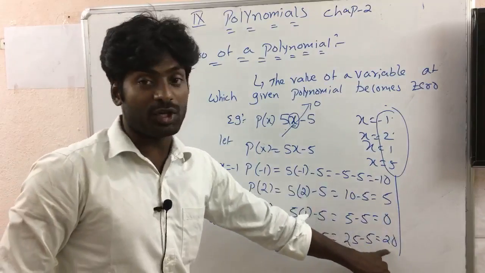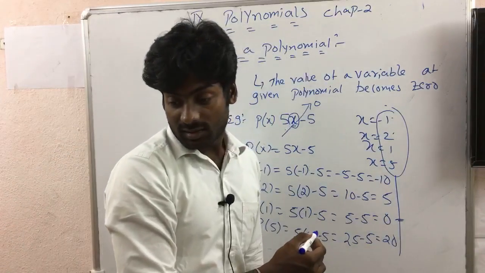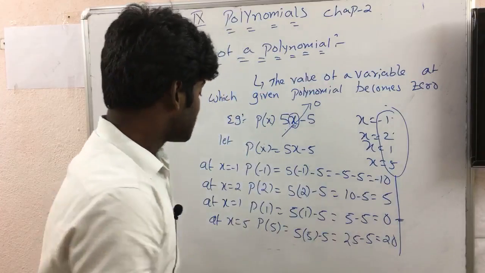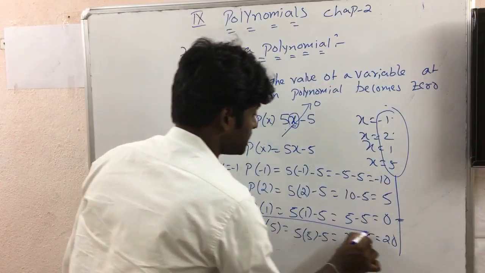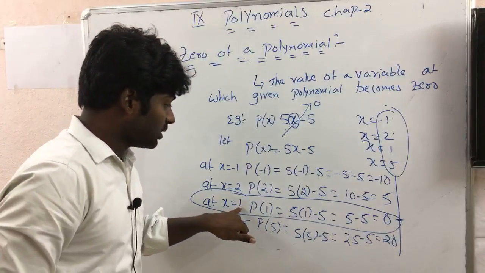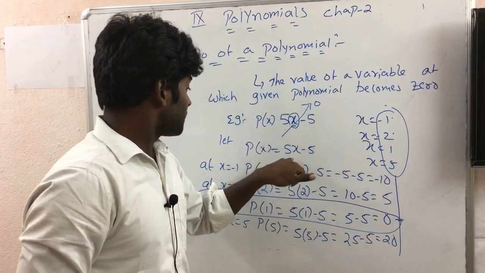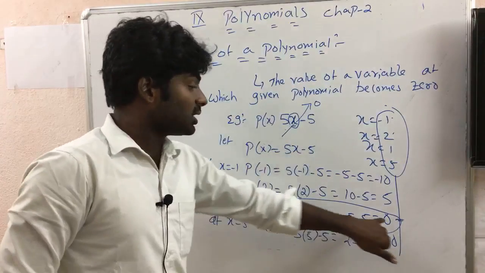In all these 4 cases, where did you get 0? In the third case, where the value of x is 1 itself. When you replace the value of x with 1, after solving you got 0.